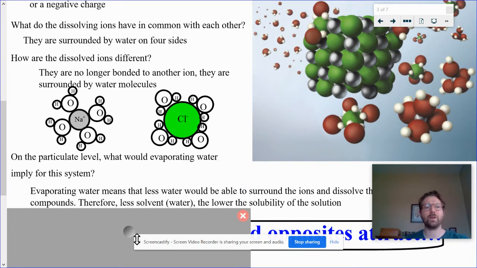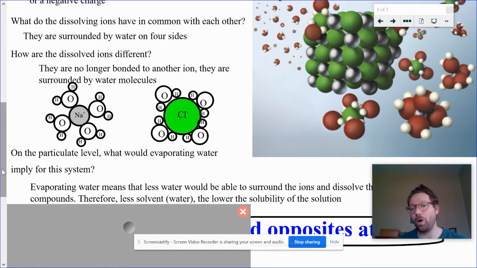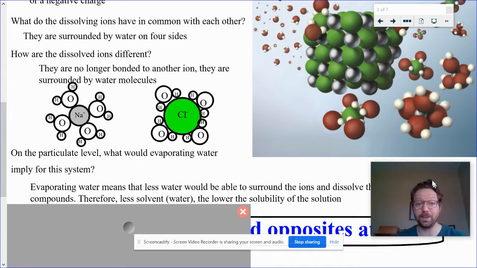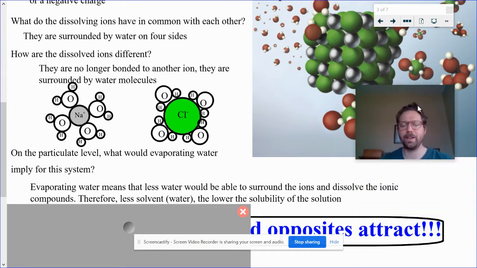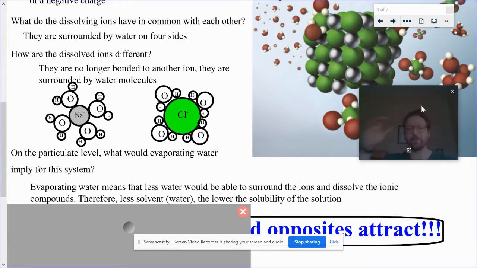What would evaporating water imply for the system? Well, if we didn't have as many water molecules in this system and salt is being dissolved, then you'd have less water, and that water won't be able to surround the ions as much.